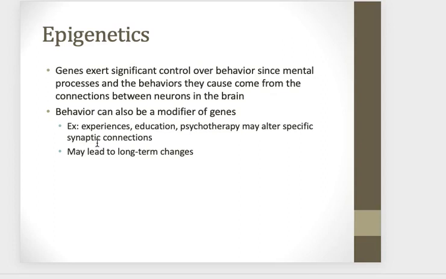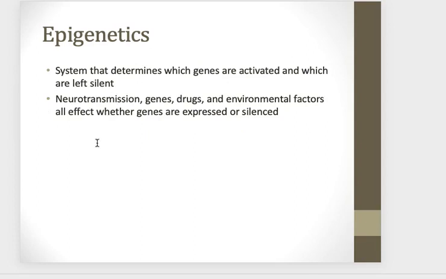This is thought to be one of the reasons why some people can go through the same traumatic event, and some develop PTSD and some don't. You are genetically more predisposed to developing those effects.